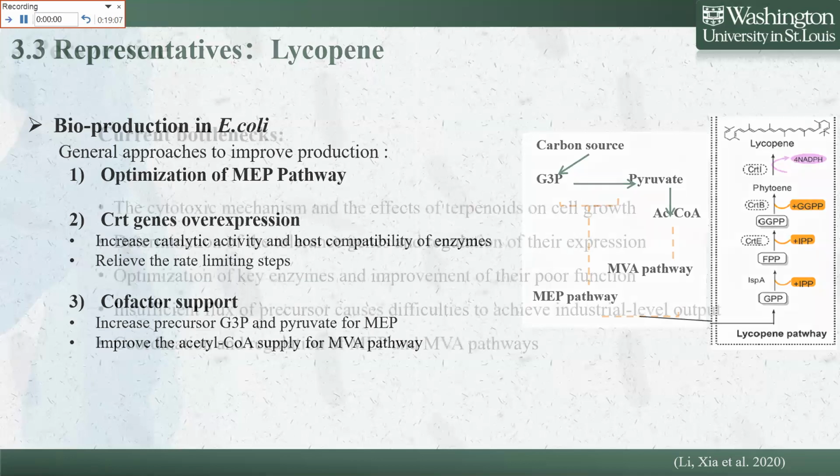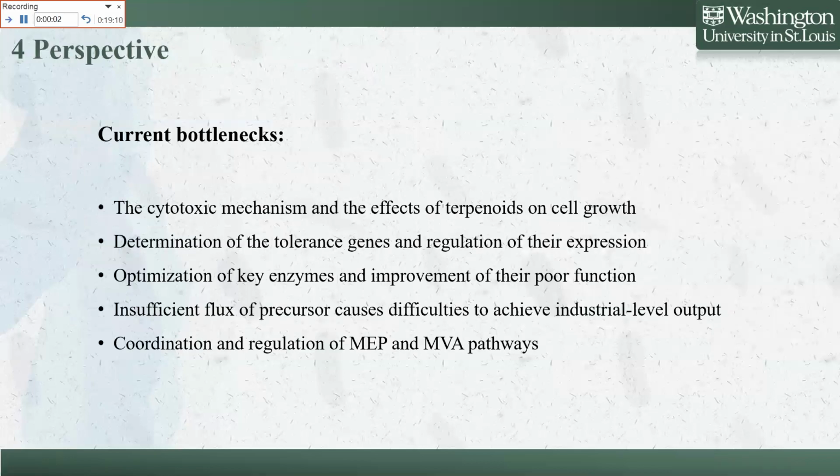And next will be the perspective of our topic. Through the literature review, we concluded that the main bottlenecks in the current research are the following points: the cytotoxic mechanism and the effects of terpenoids on cell growth are still elusive.